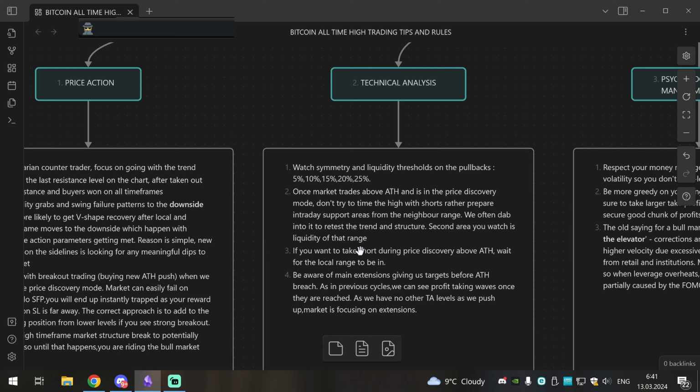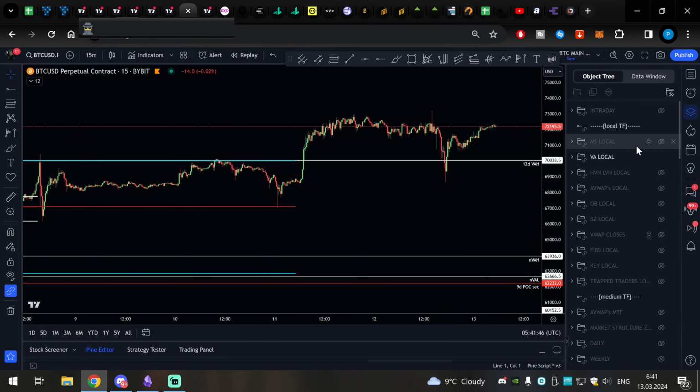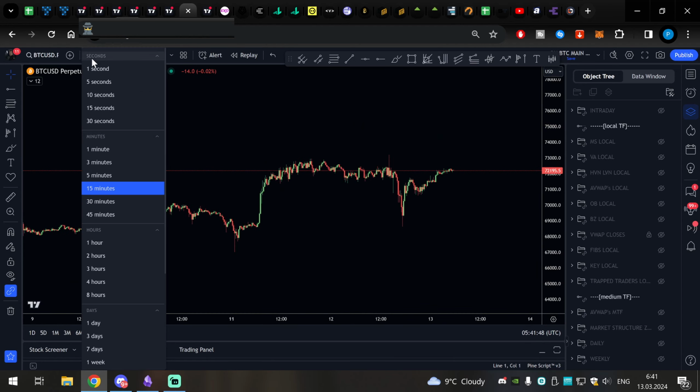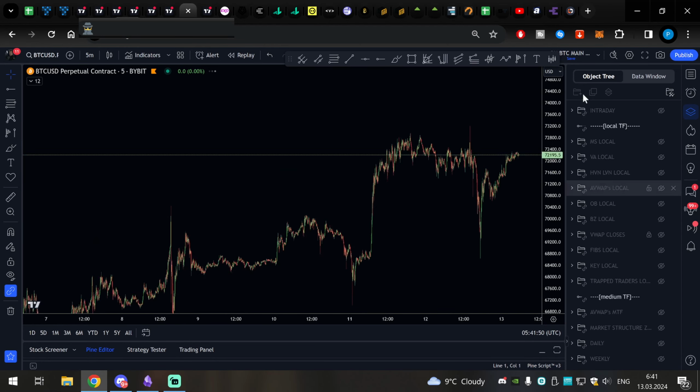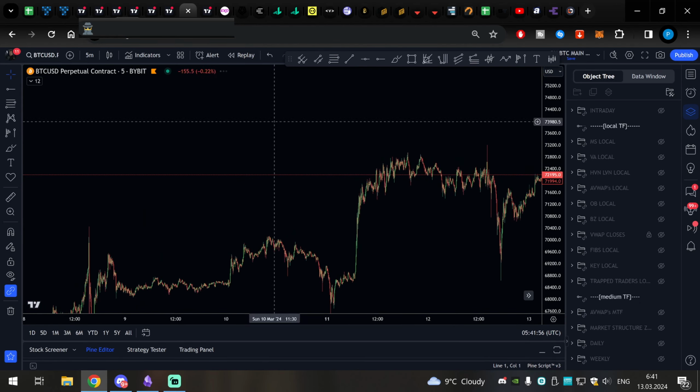Another rule: if you want to take a short during price action above all-time high, wait for the local range to be in. Super easy rule. Yet again, where is the level? Now already deleted.